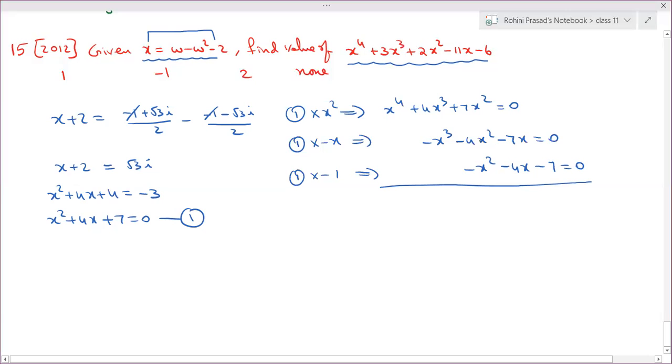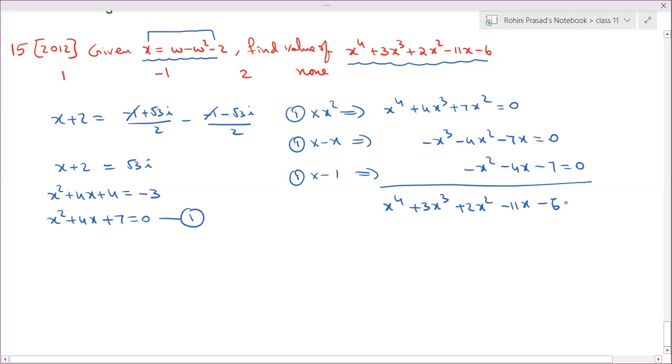And then there is minus 11x also, but we need minus 6, we have minus 7. That's okay, we can adjust that. So x power 4 plus 3x cube plus 2x square minus 11x minus 7 is there.